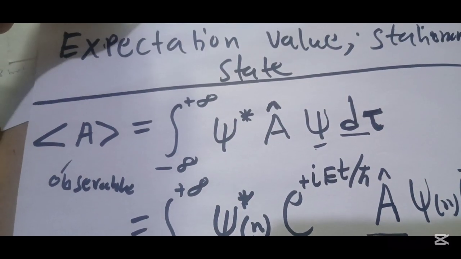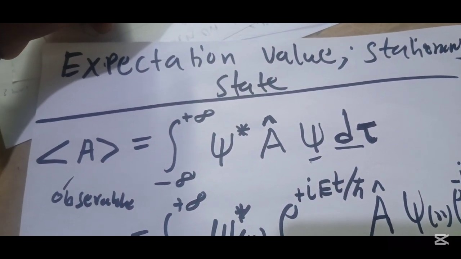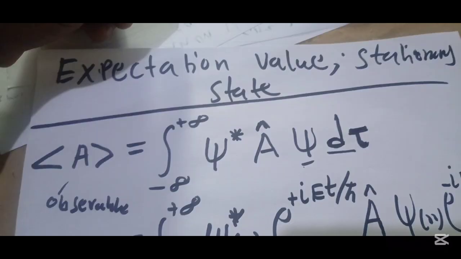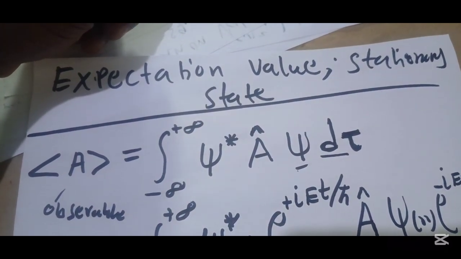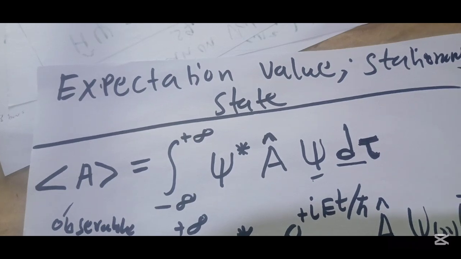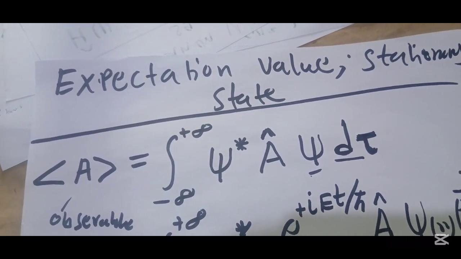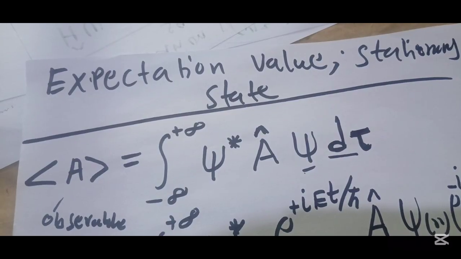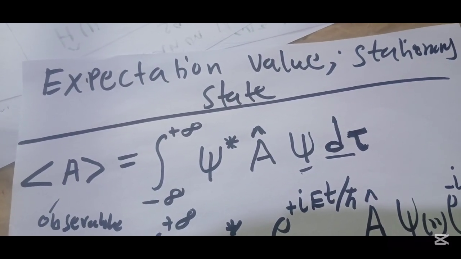What is an expectation value? Well, if you perform the same measurement repeatedly in a quantum system, let's say about 5 times, 7 times, the average of that experimental result is what we call the expectation value.